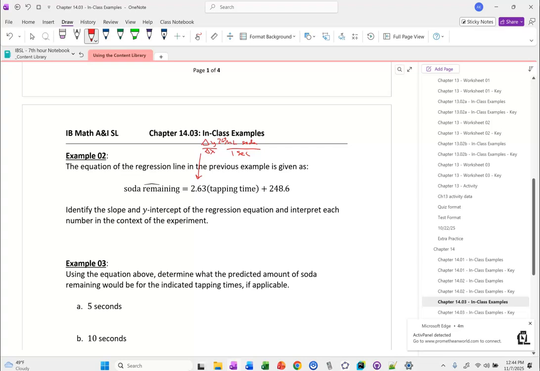So the way to interpret this is for each additional 1 second spent tapping on the can of soda, you'd have 2.63 additional milliliters of soda remaining. Is everybody okay with how I worked that out, just kind of using the units and the definition of how do we find the slope? But that's the format.